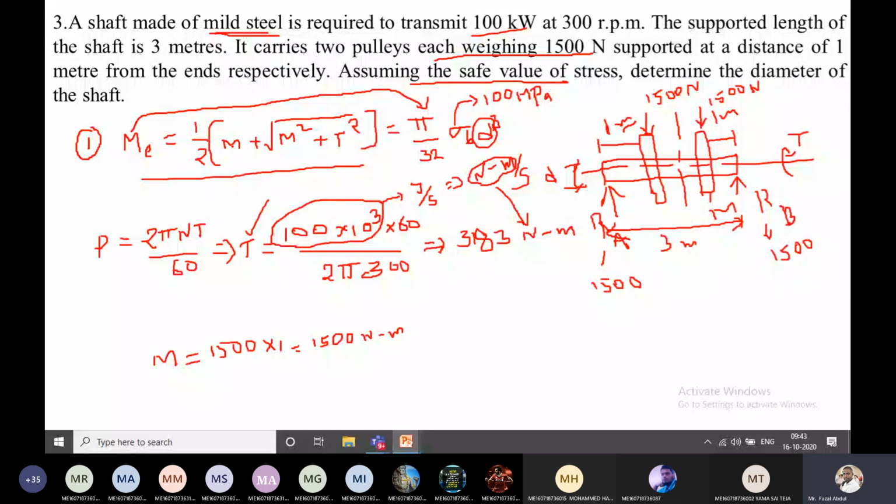First you get the D value in terms of meter, then convert it into mm. Tell me the answer of D.